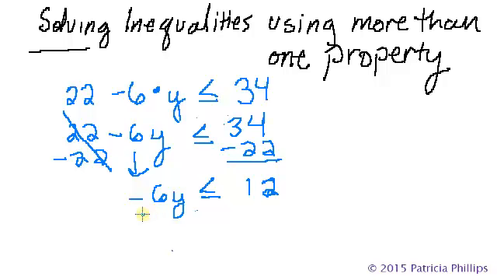The next thing we're going to do is divide both sides by negative 6 or minus 6. This is going to cancel out on the left side, and we're going to have a negative 2 on the right hand side.